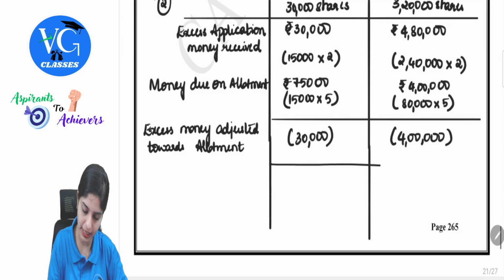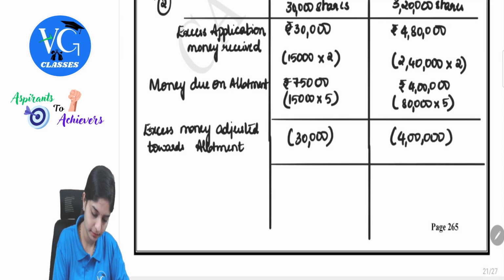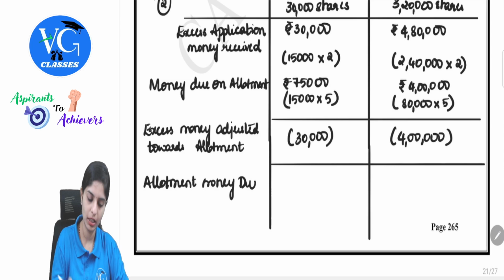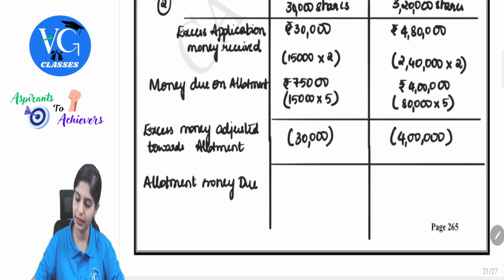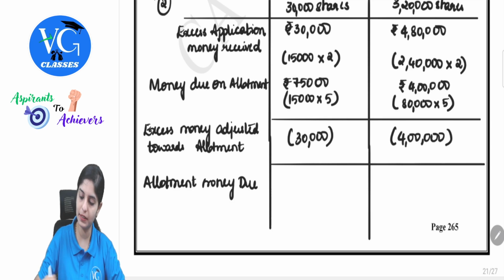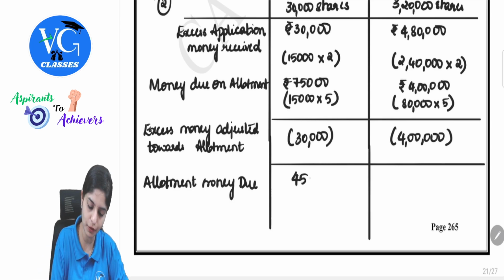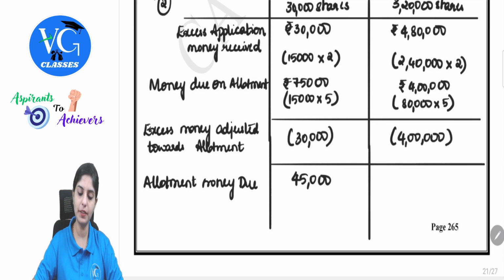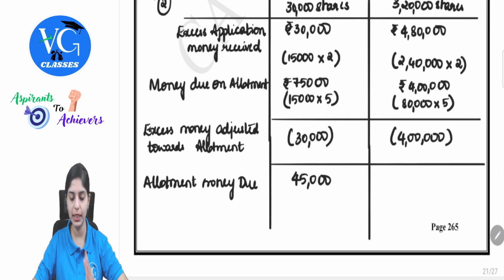Now after providing for this, allotment money due: 75,000 was totally due. I was able to adjust 30,000. So allotment money due is 45,000. If you observe here, 4 lakh was due, 4 lakh completely set off, so nothing is due. Is this point understood? Yes.